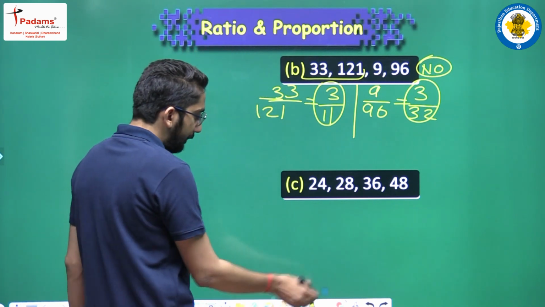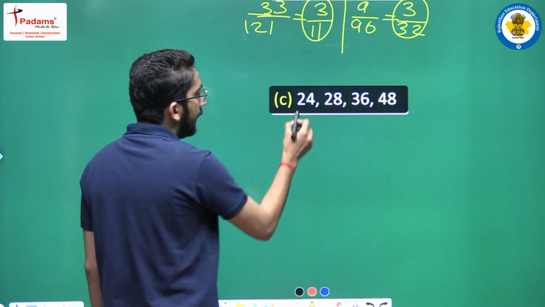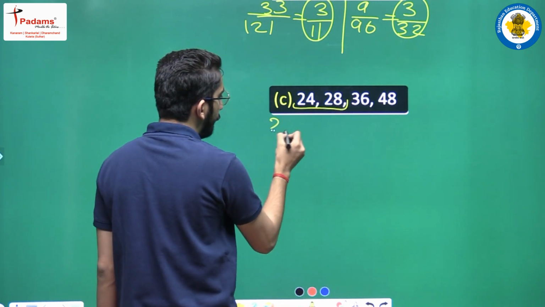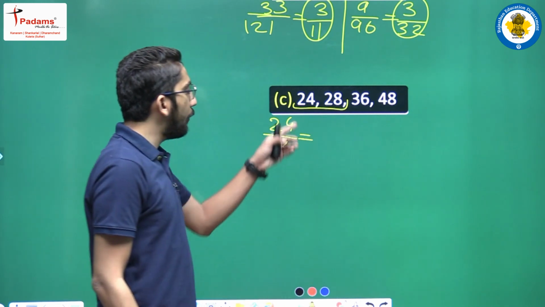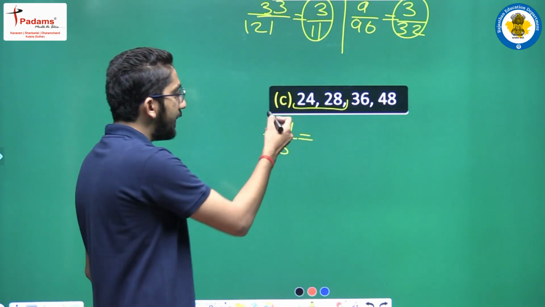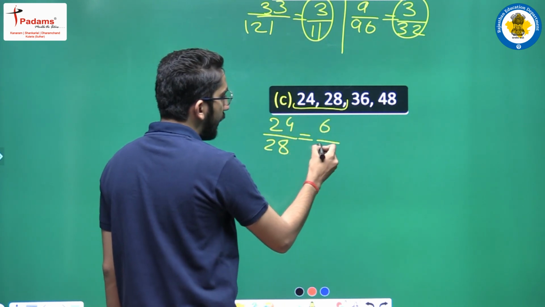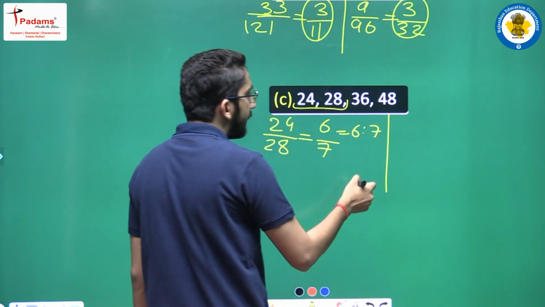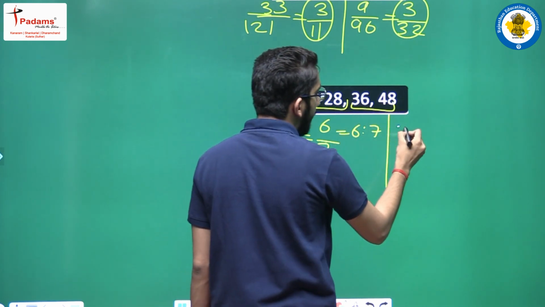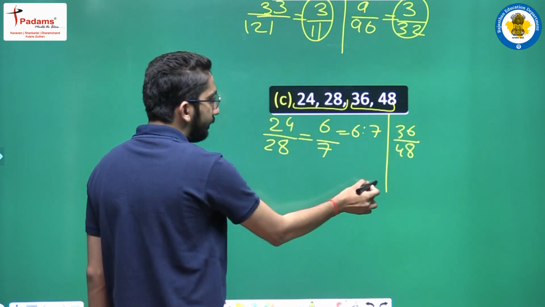Next example देखिए. 24, 28, 36 and 48. Again we will check for these two first. 24/28. You can divide both of them with 4. 24 divided by 4 is 6 and 28 divided by 4 is 7. So this becomes 6:7. Then for 36 and 48, 36/48 you can check.